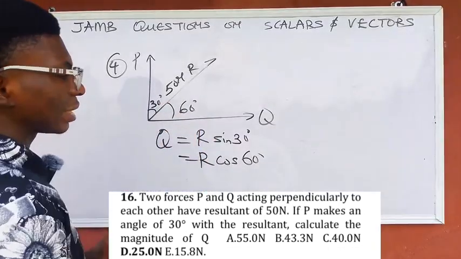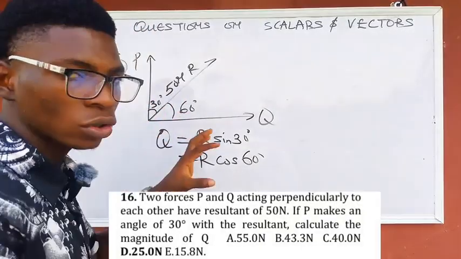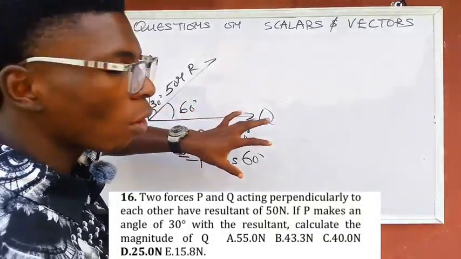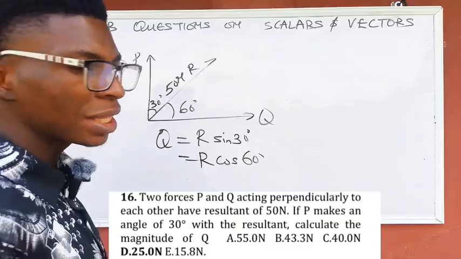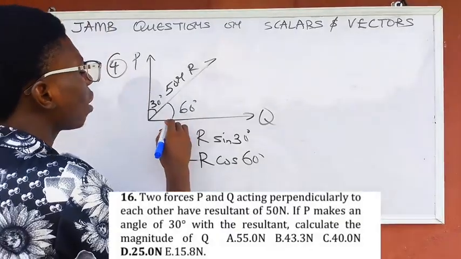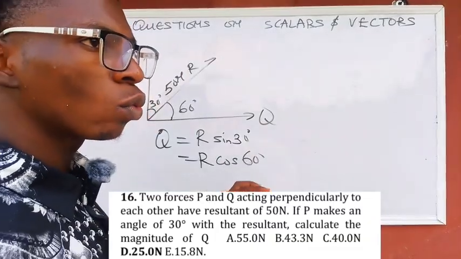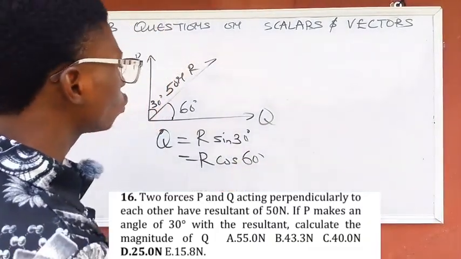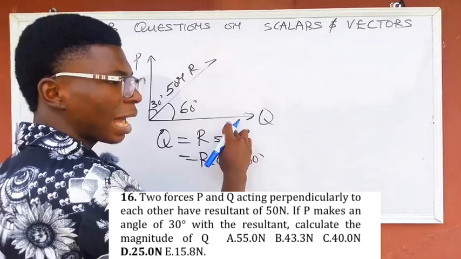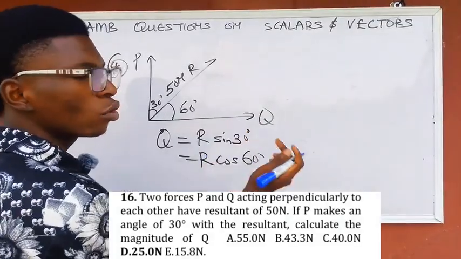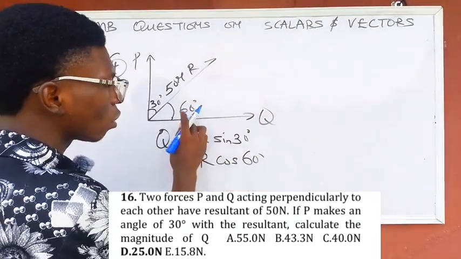I told you to always use cos theta of the angle of the component you are trying to calculate. If I want to calculate this horizontal component, I'm going to use cos theta of this angle.